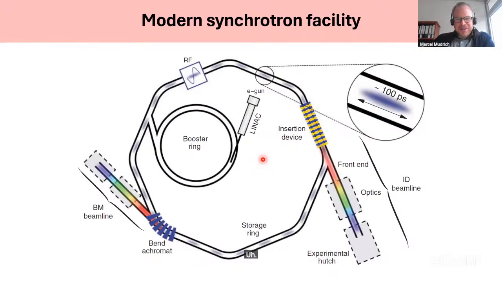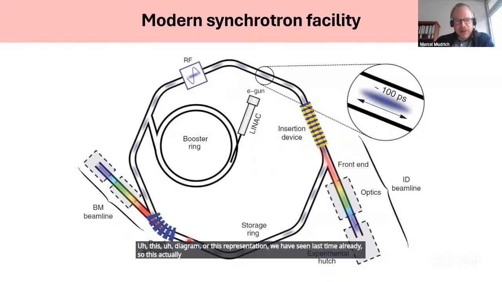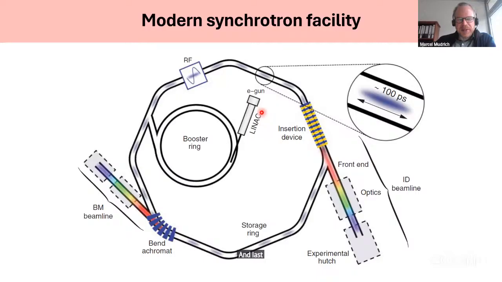This diagram or this representation we have seen last time already. So this actually nicely summarizes the most important components that make up a modern synchrotron. And last time we basically followed the path of the electrons, starting from the electron gun, where the electron beam is produced, going through some accelerator stage.